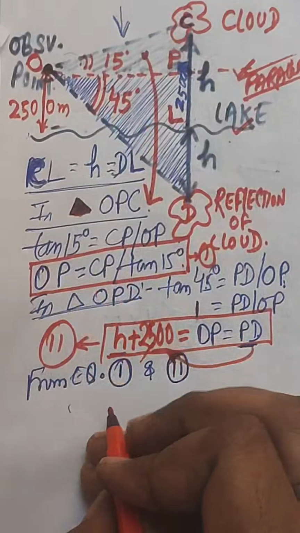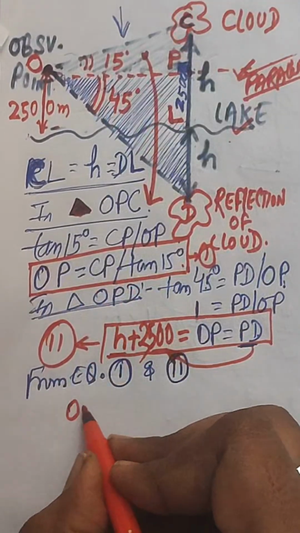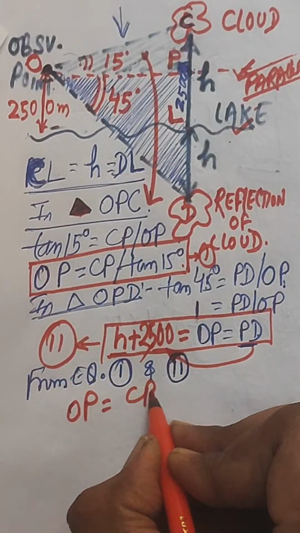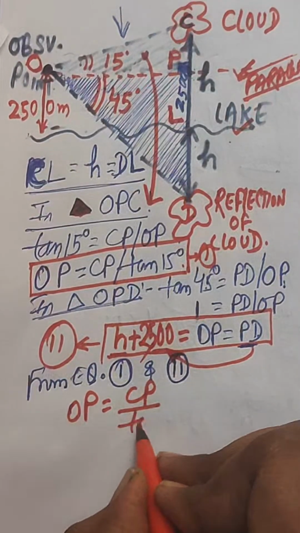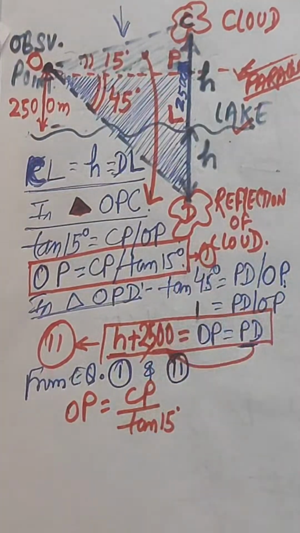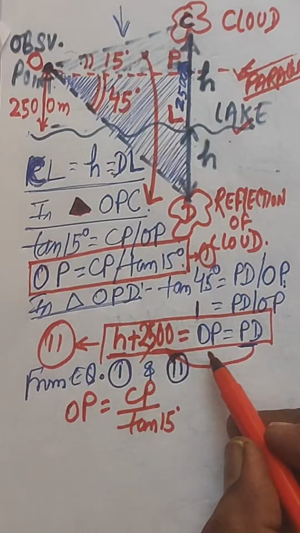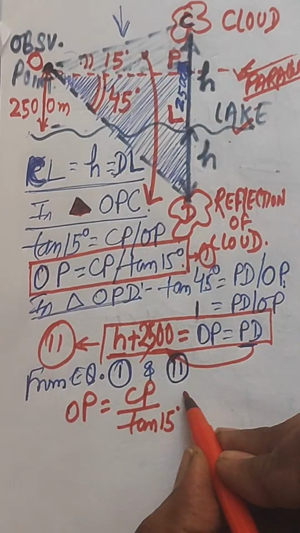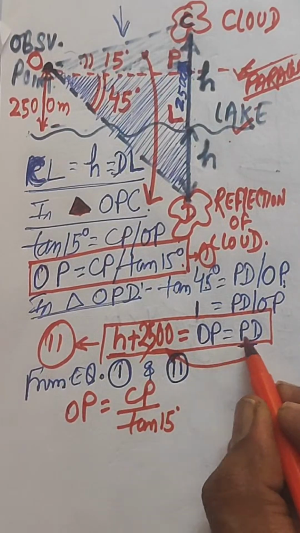From here OP is equal to CP by tan 15 degree. This is equation number 1. And from equation number 2 we have this OP is equal to PD.